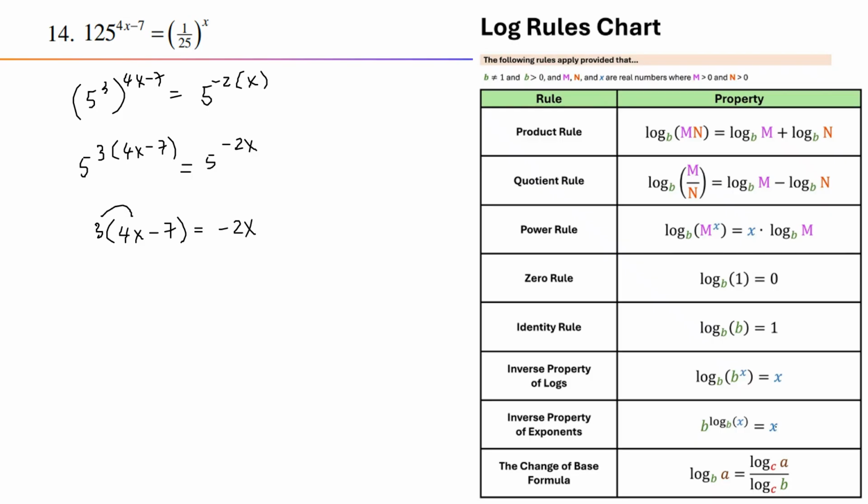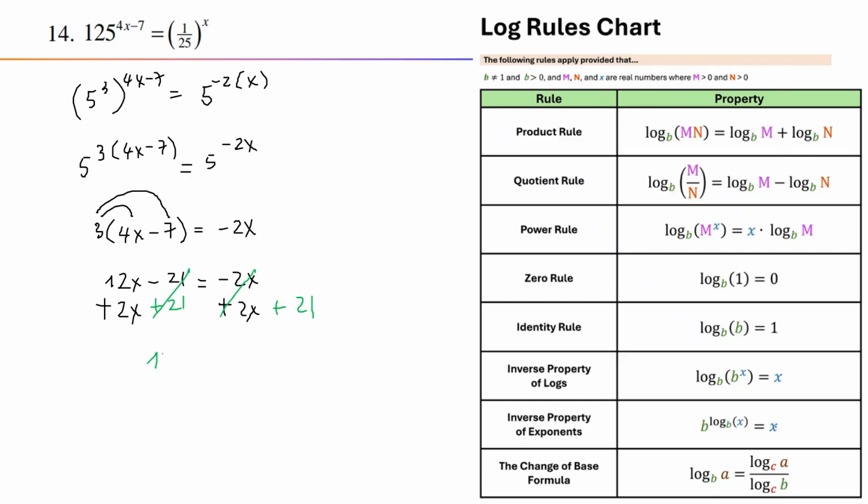Now we distribute, and we'll have 12x minus 21 equals minus 2x. Now we add 2x to both sides, and then we add 21 to both sides. This one is gone, this one is gone.